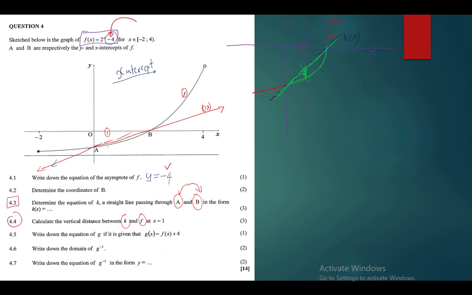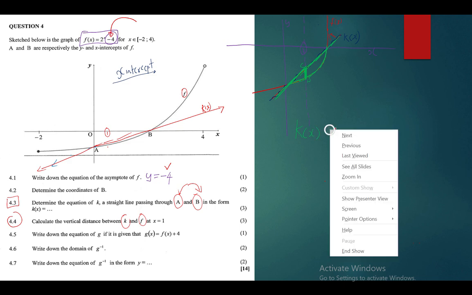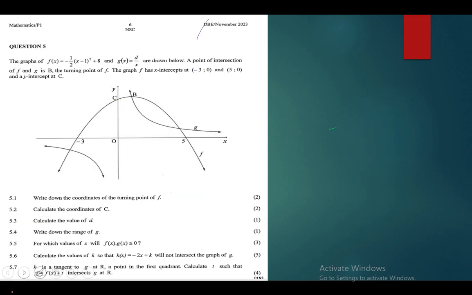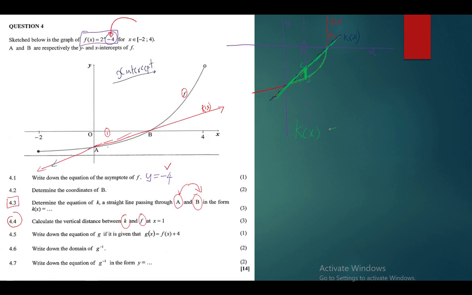So how do you approach this problem? You go to the function K. You still remember I found the equation of K. K of x was 3 over 2 x minus 3. So you go to this function K and substitute x with 1.